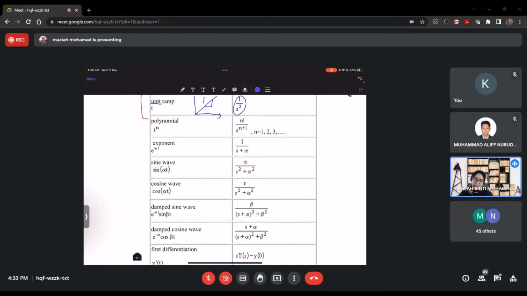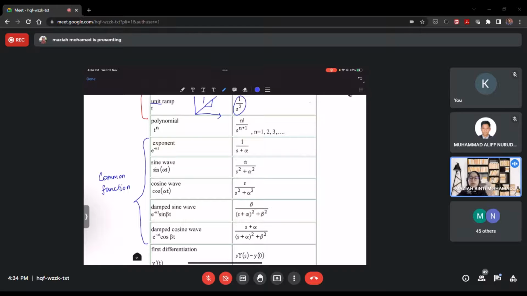Other than that, these are common functions, meaning we will see these functions a lot in control systems.